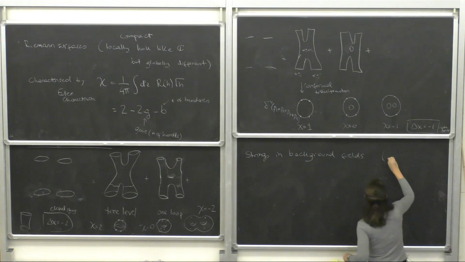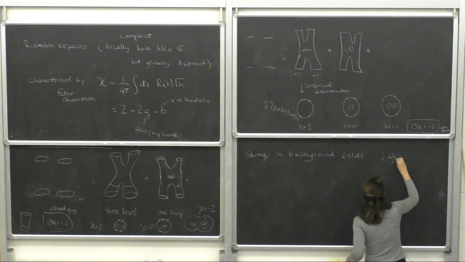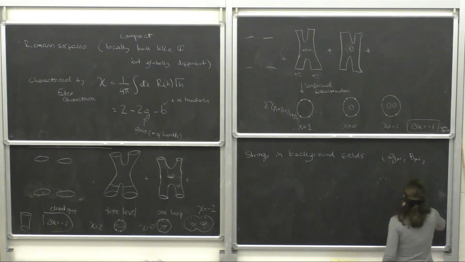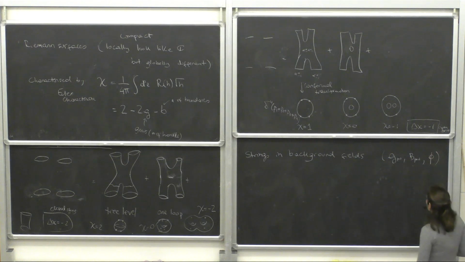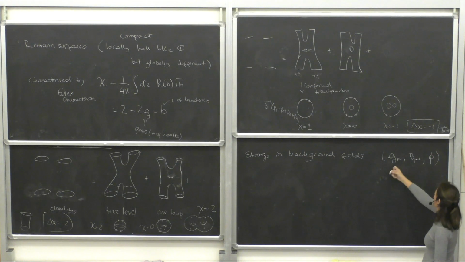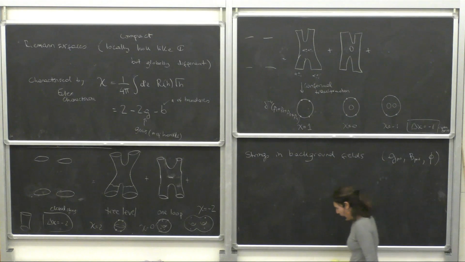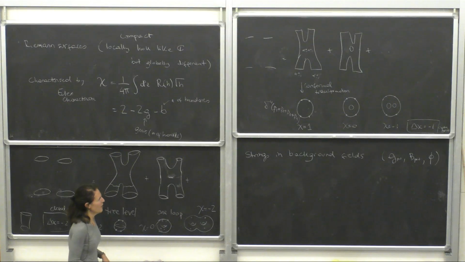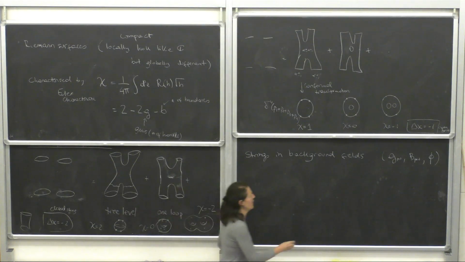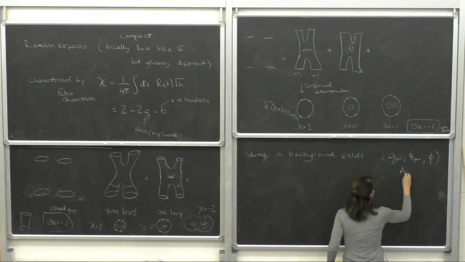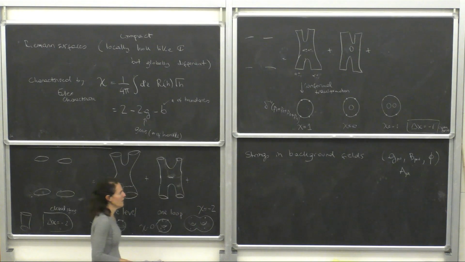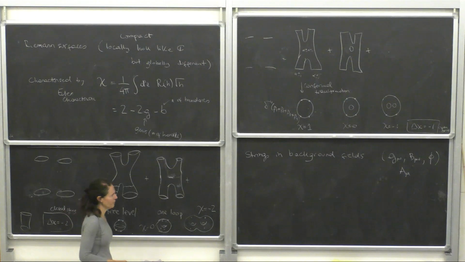So strings in curved space, and also strings in some background B field or some background dilaton field. These are all massless, the quanta of these are massless fields of the string. And then also we have a mu, which is the field corresponding to the massless state of the open string.